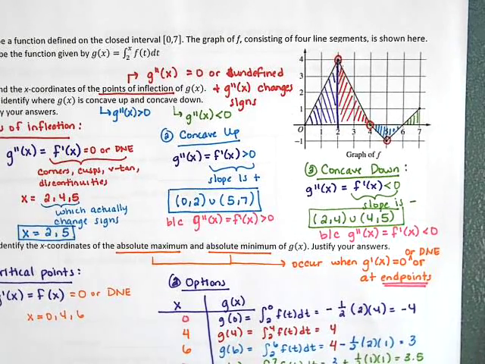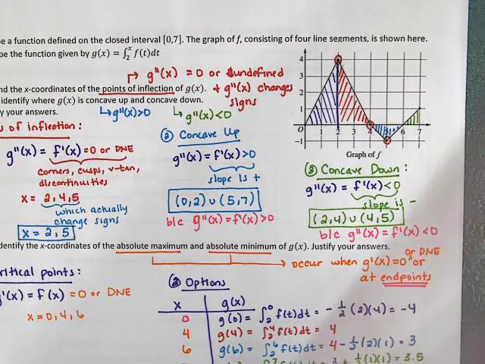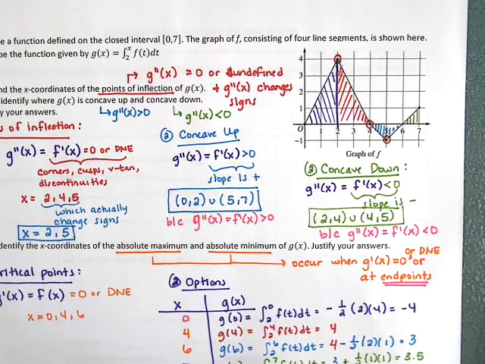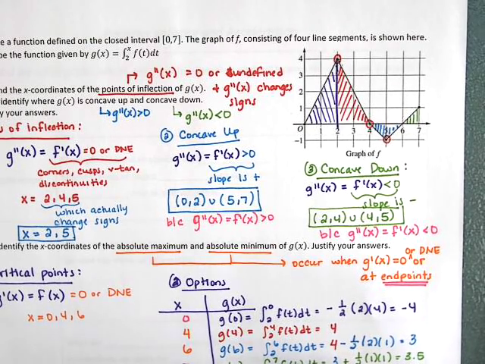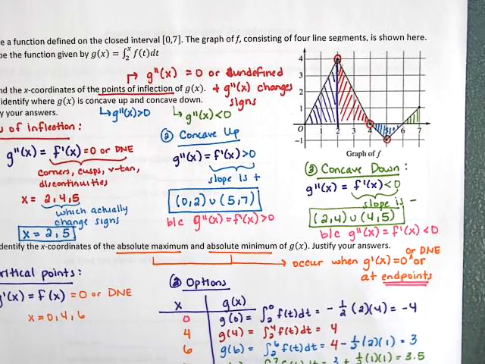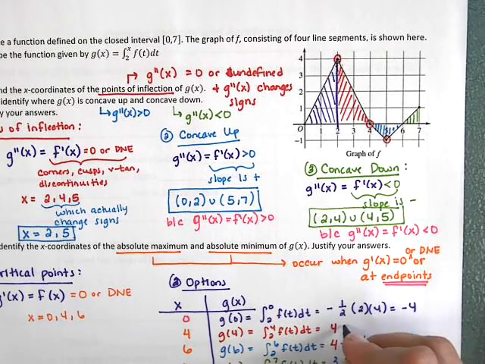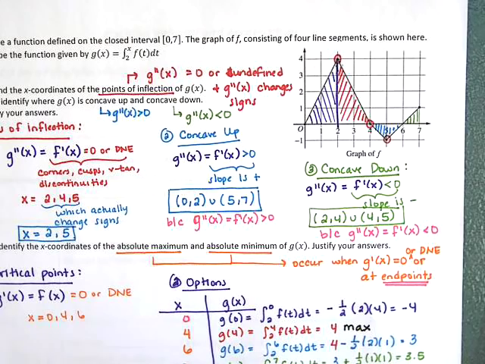Now based on that information, for step 3 here, what I would say is that the absolute maximum occurs at x equals 4, because this is my highest y value.